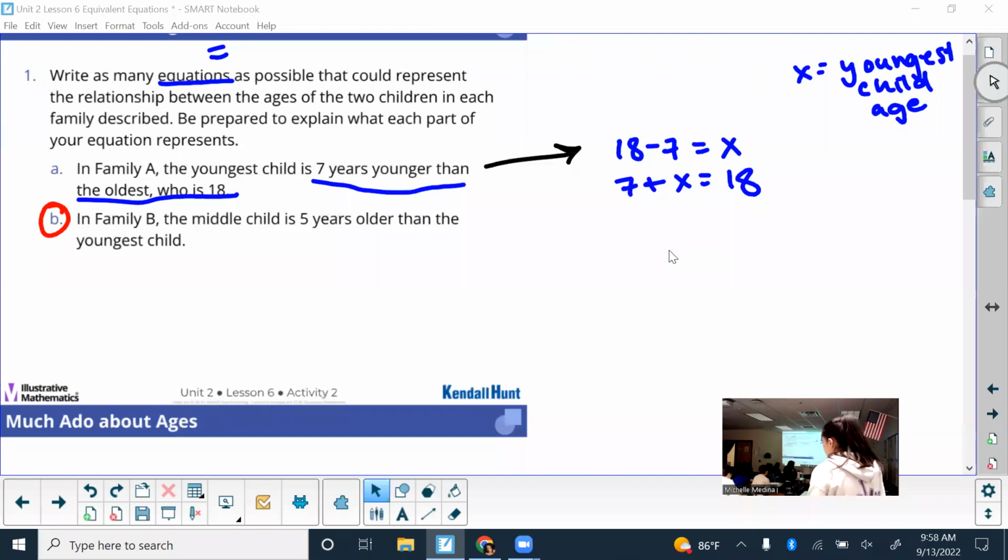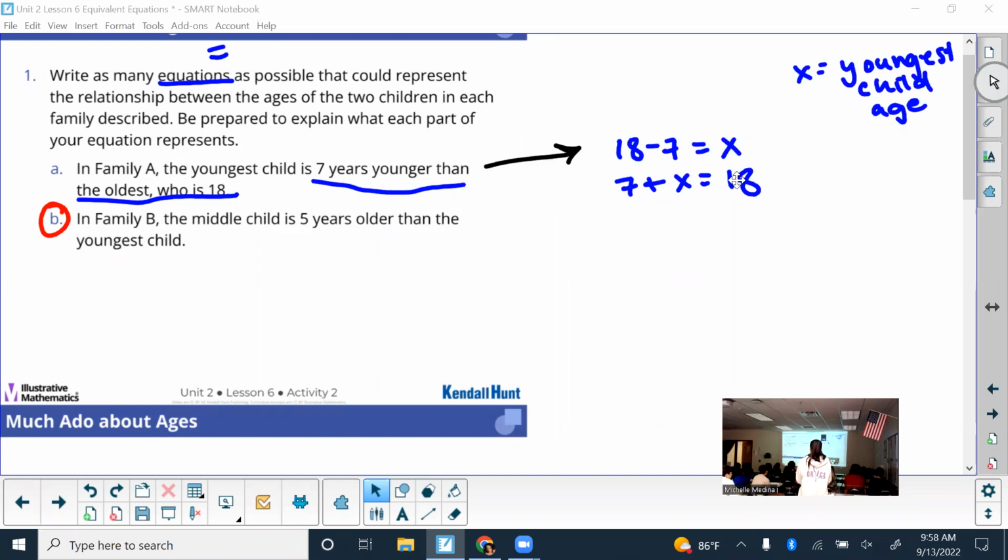All right, so any other alternative equations that we could have come up with for A? Or is that it? Is there no other option? What if maybe I wanted the 7 to be by itself?